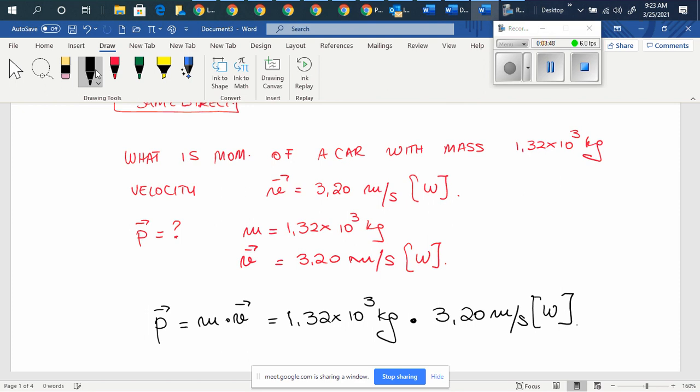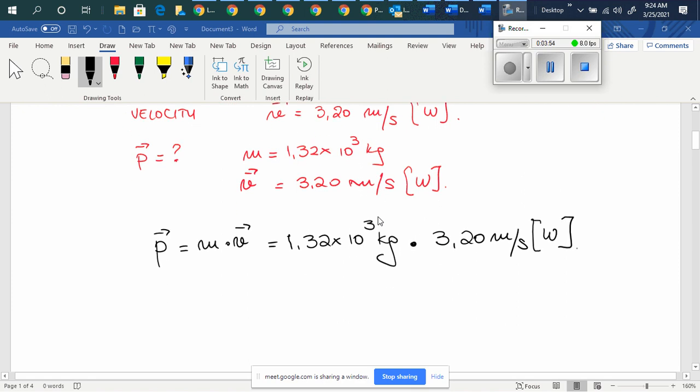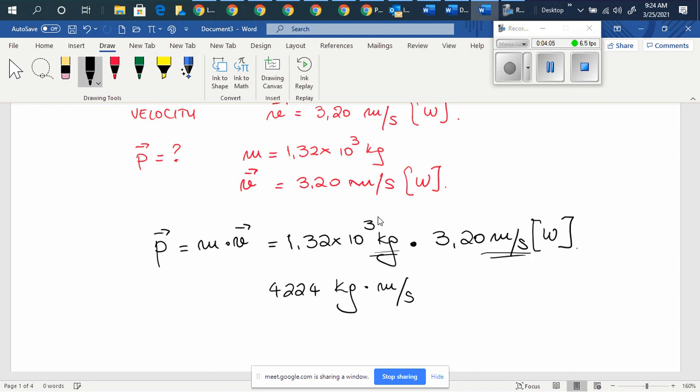So if you use your calculator, you will figure out that the momentum is 4224, and the units are kilograms meters per second, and the direction is the same as the direction of the velocity, going west.